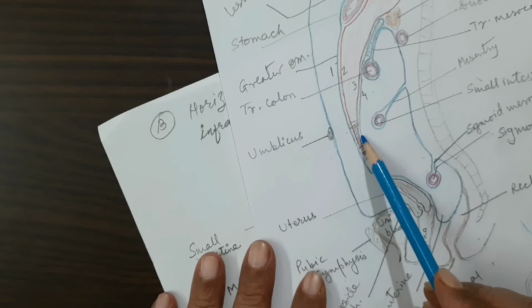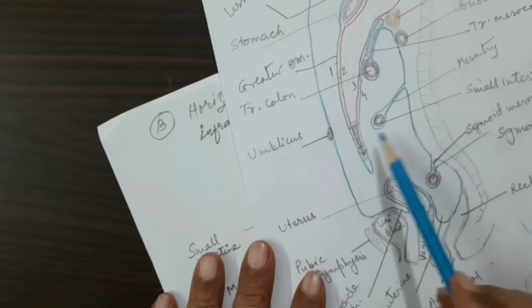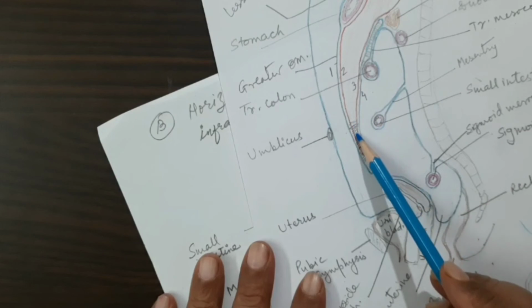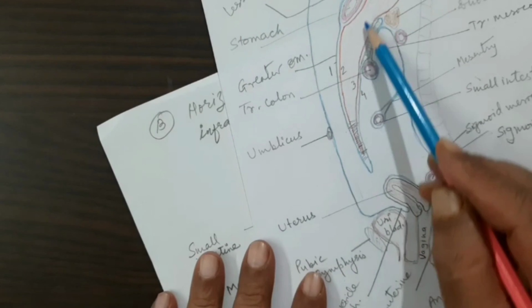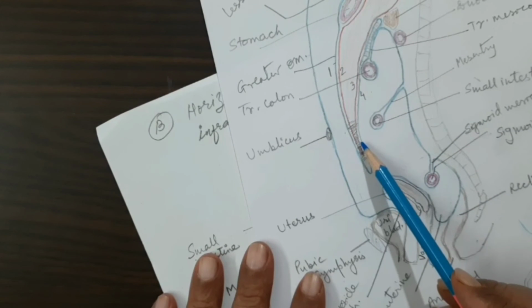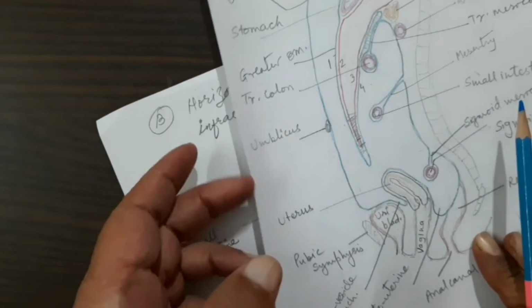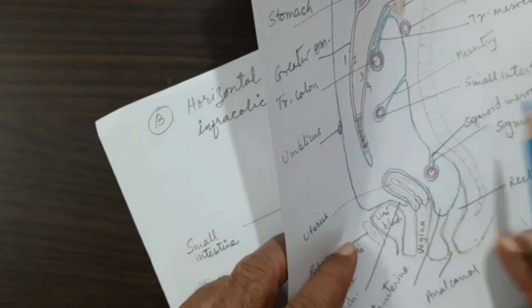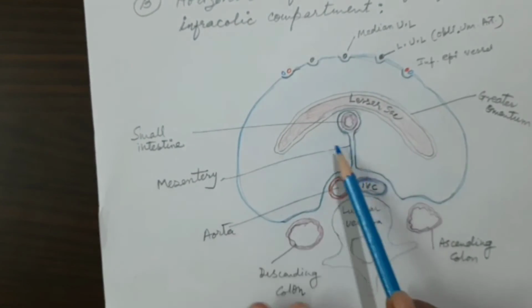So this is passing through the four folds of the greater omentum, in which this space is extending, and this space is called the lesser sac. So this greater omentum cross section will enclose the space called the lesser sac. Okay, so this is the lesser sac enclosed.